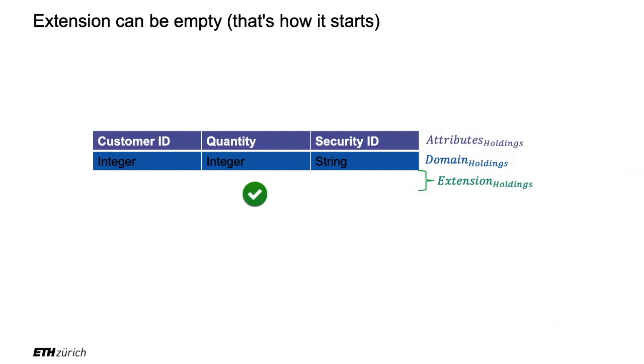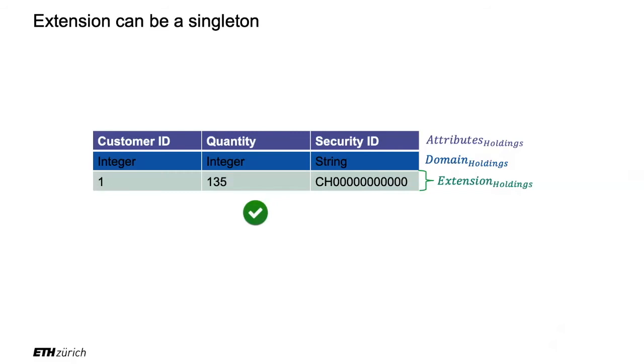A set of tuples could be empty, a set of maps could be empty. So in fact, if you have a table with just a schema and no data at all, it is a relational table. That's perfectly fine. It's just an empty table, right? You could also have a table that has just one record. That's also fine, right? That's absolutely fine.